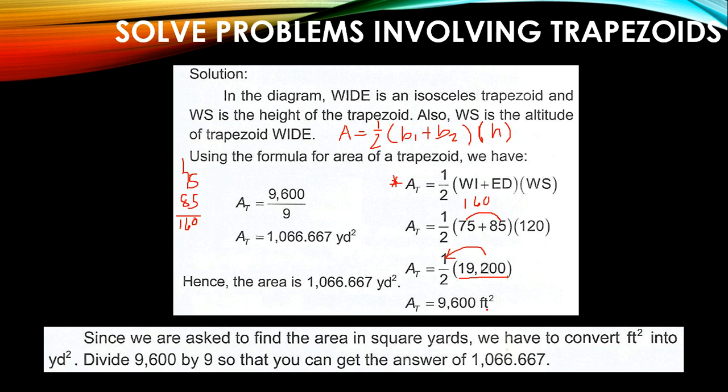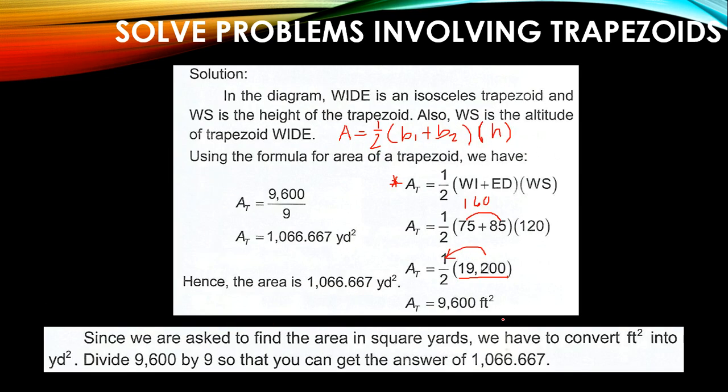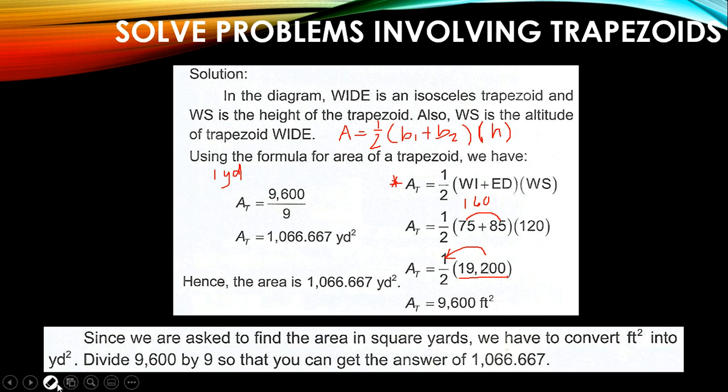But, the question is, what is the area in square yards? Okay, so let's change 9,600 square feet to square yards. And the conversion is 1 square yard is equal to 9 square feet.